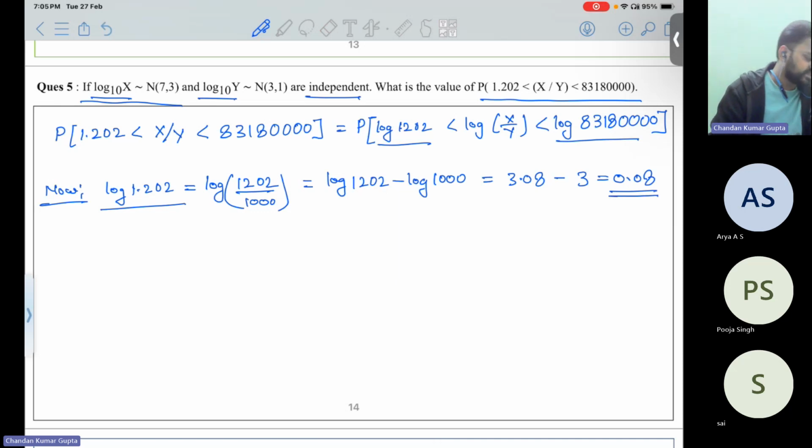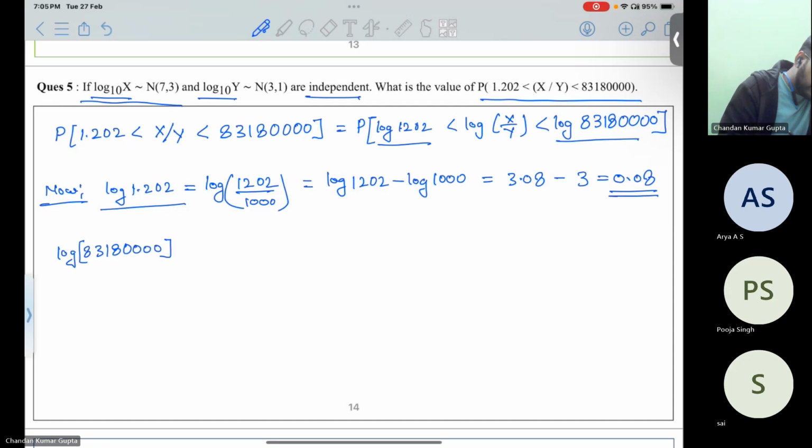The second thing is log of 8318000, with 4 zeros, which can be written as 8318 multiplied by 10 to the power 4.